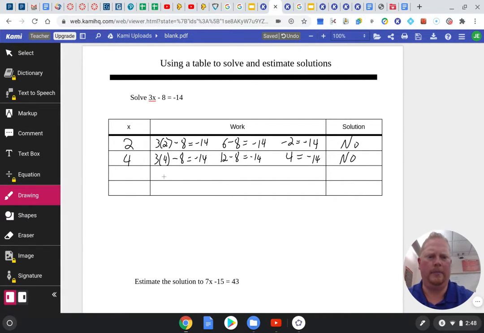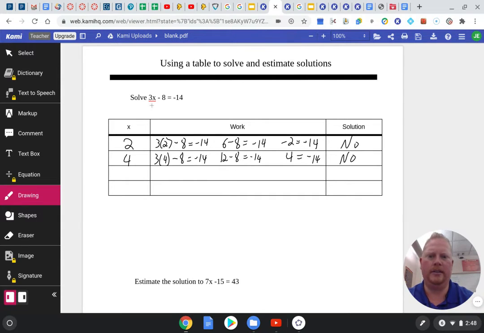All right, so take a look at what happened here. I went from negative 2 equals negative 14 to 4 equals negative 14. So if I kept choosing bigger numbers, I'm going to get further and further away from negative 14. So how about I go the opposite direction? Instead of going for bigger numbers, let's go for smaller numbers.